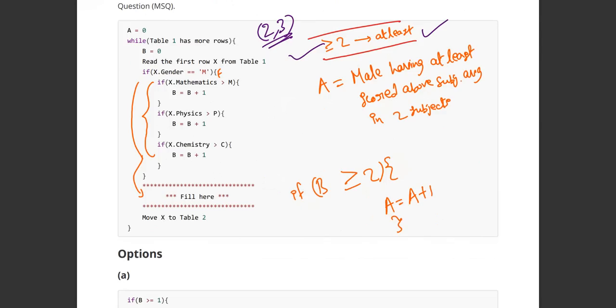A is 0, B is 0, noted down. And it is a mandatory condition. If you observe here, we are comparing the individual scores with the average mark of mathematics, physics and chemistry. So there is a possibility of B being 0 to 3, endpoints included.